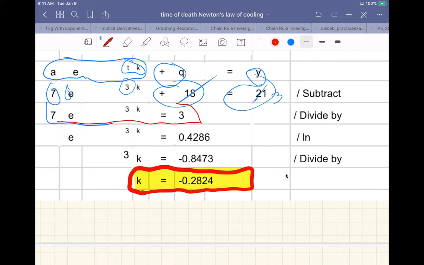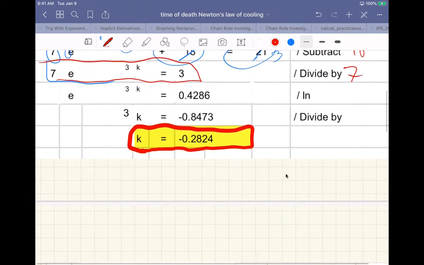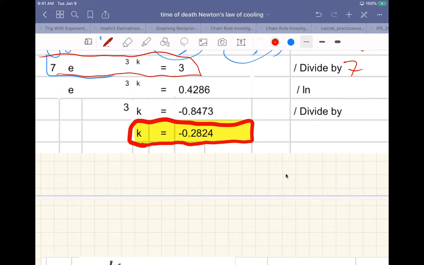So there's the next line right there. 7 times e to the 3k equals 3. Next inverse operation is to divide by 7. Sorry, up here I guess we subtracted 18. And then I take the ln of both sides.